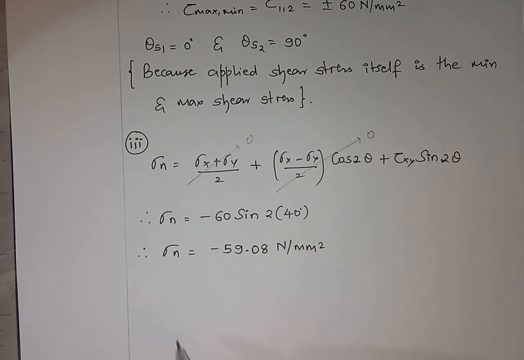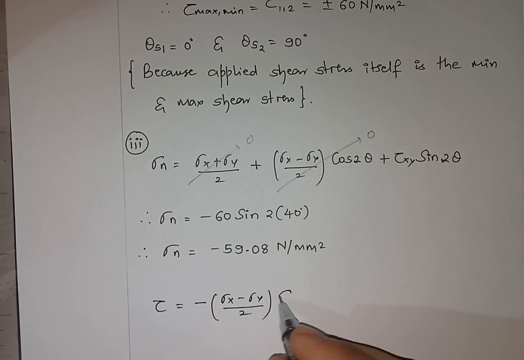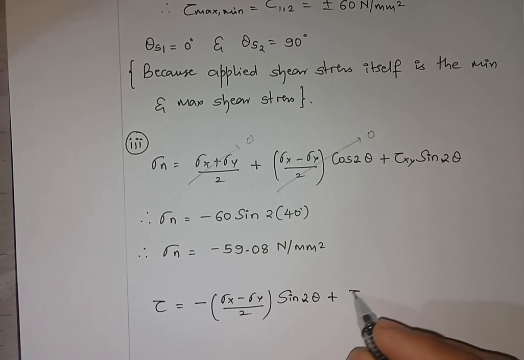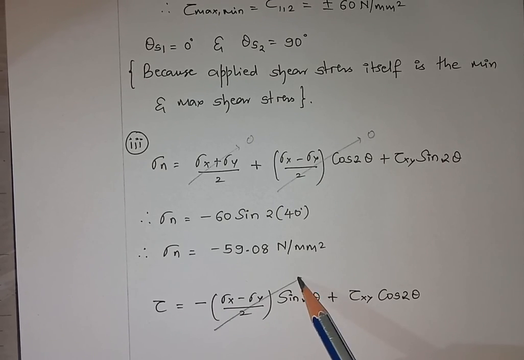And similarly I need to find out shear stress on the oblique plane. Shear stress on the oblique plane is given by minus of (sigma x minus sigma y) divided by 2 into sine of 2 theta plus tau xy into cos of 2 theta. Now once again this term will directly become 0. Reason I told you, value of sigma x and sigma y are not known.